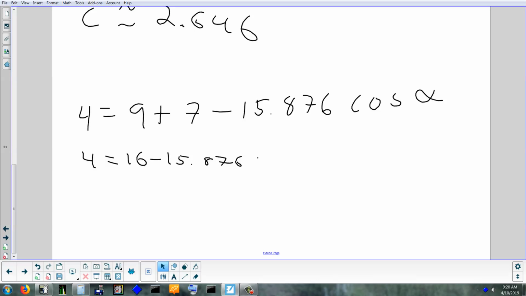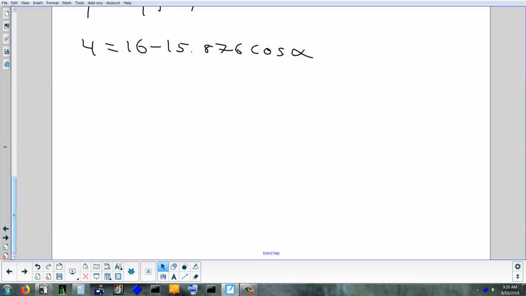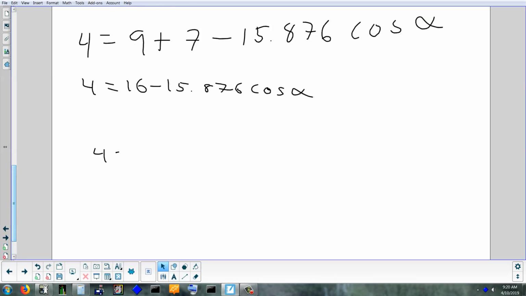Now, this equation right there, this is usually where people make a mistake with law of cosines. Let me show you a little bit simpler equation that's pretty much the same thing. 4 equals 16 minus 15x.